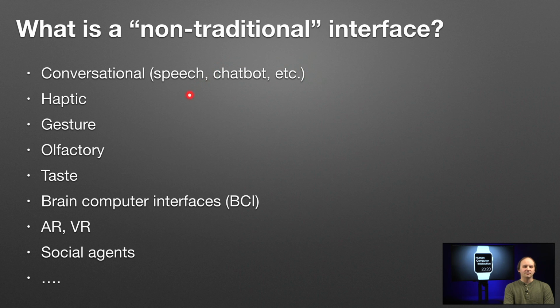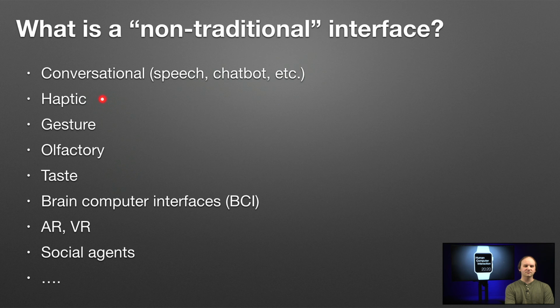So speech-based, agents that you talk to, voice assistants. It can also be like chatbots or customer service chat kind of applications that you see frequently. Some other non-traditional interfaces, you can think about just our senses as humans.